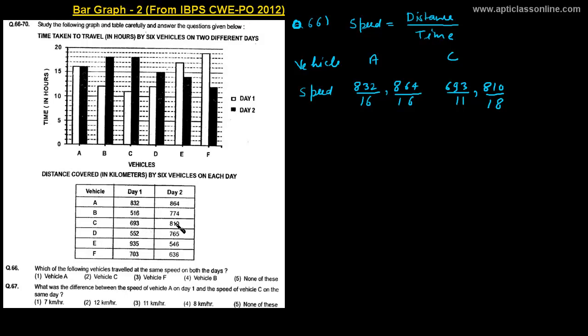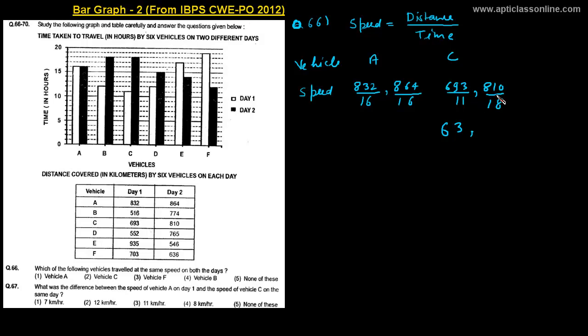And obviously on day 1 it travels only 693 kilometers. On day 2 it travels more than this, but we'll have to see whether the speeds are the same or not. So 693 divided by 11 is 63 kilometers per hour.